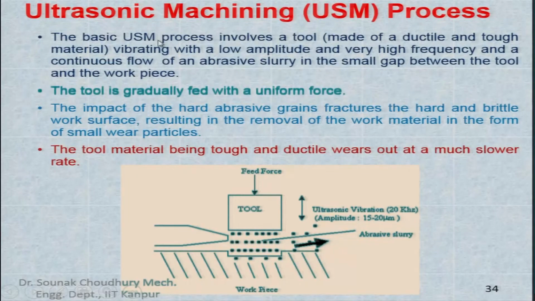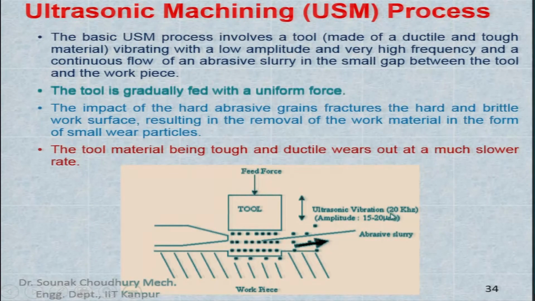The basic USM, that is the ultrasonic machining process, involves a tool made of a ductile and tough material. Here in the line diagram you can see this is the tool, made of a ductile and tough material, vibrating with a low amplitude and very high frequency.